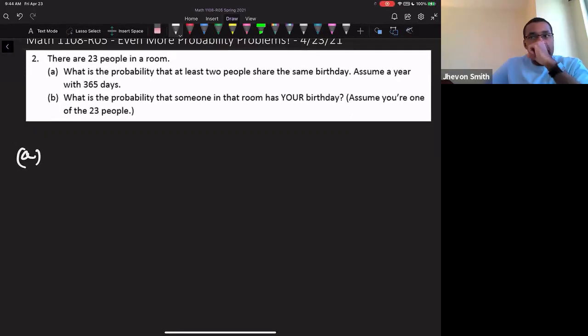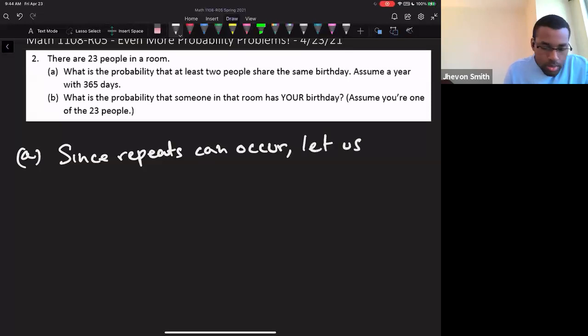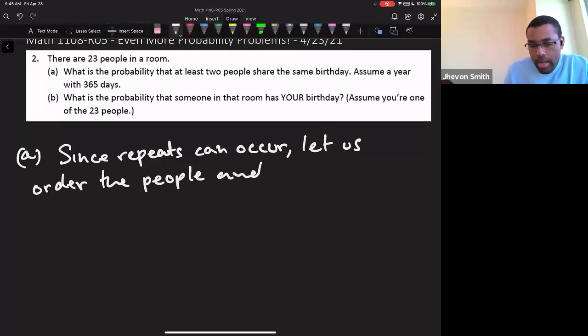Okay, so we're assuming a year has 365 days. So here's what we can do. Since repeats can occur, let us order the people and use tuples.